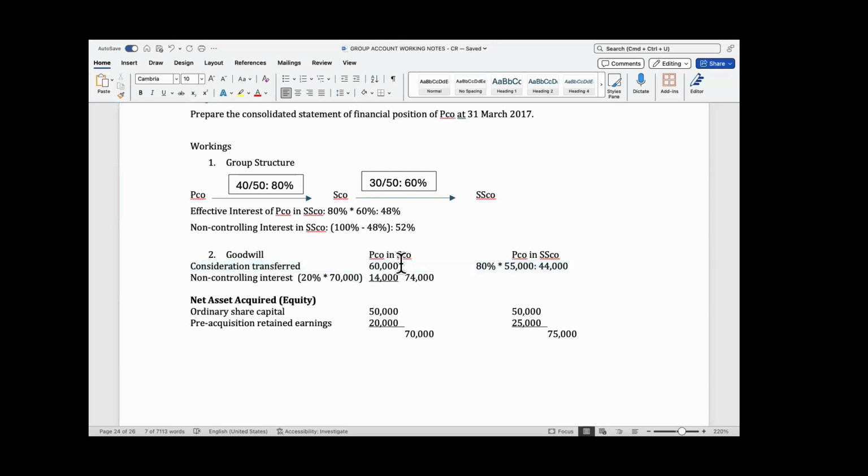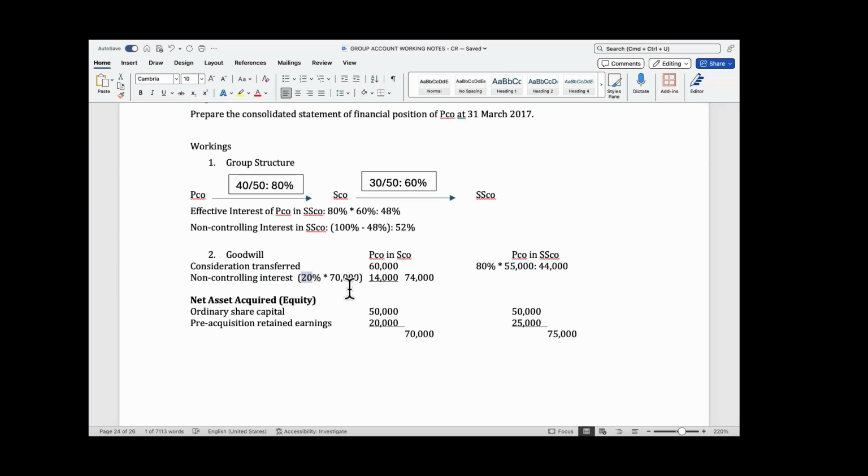Here the parent paid 60,000 for ESCO. Here the parent paid 80% of whatever ESCO paid, because it was ESCO that actually paid to SSCO. However, the idea behind this NCI here is just to get the value of NCI. It's not really for cancellation per se, it's just to have the value. And the NCI value in ESCO is 20%.